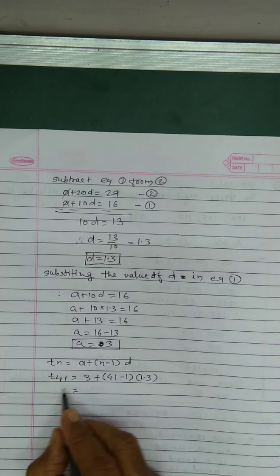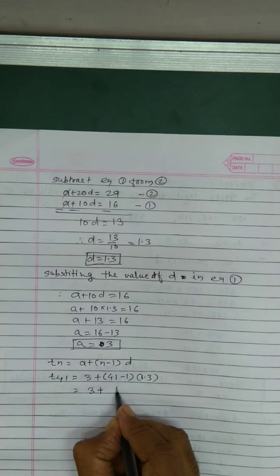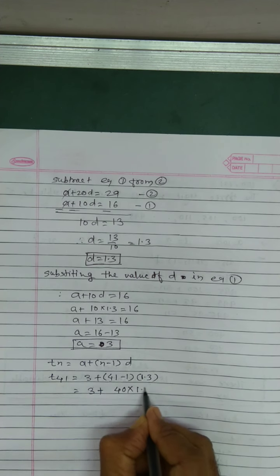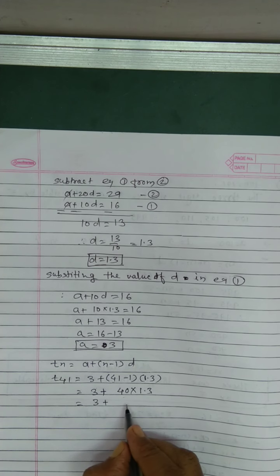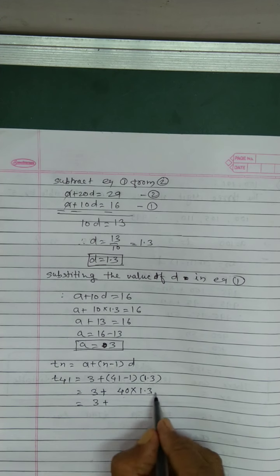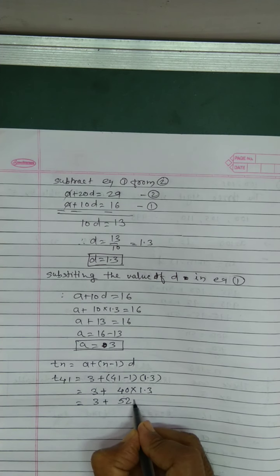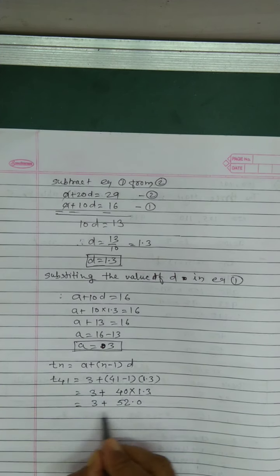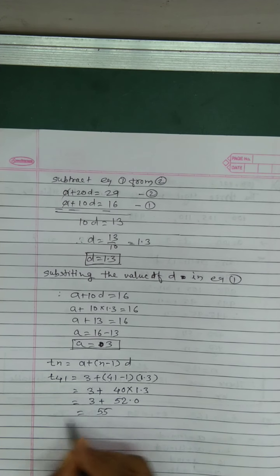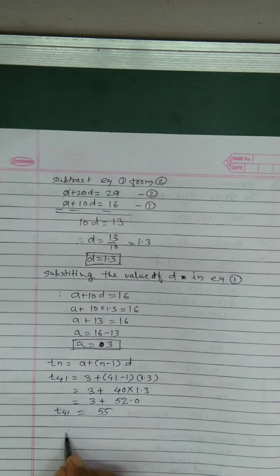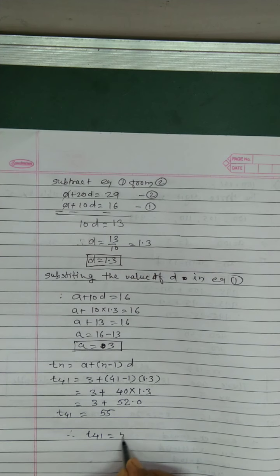And hence we get T41 is equal to 3 plus 40 into 1.3. 40 times 1.3 is 52.0. And hence we get T41 is 55. Our final answer is the 41st term is 55.